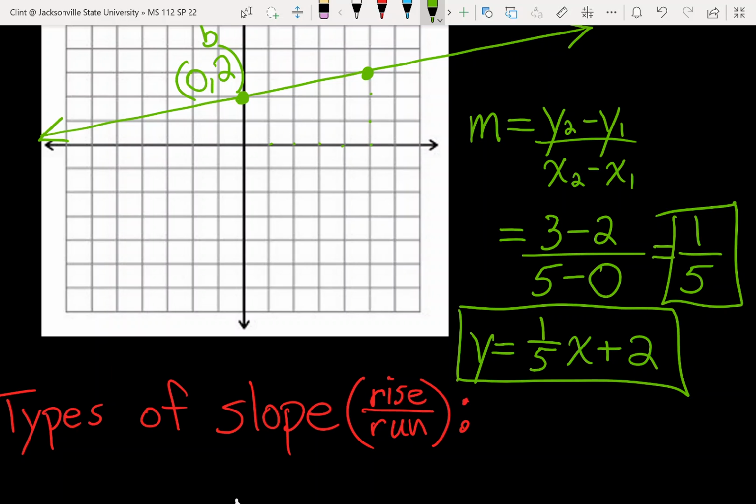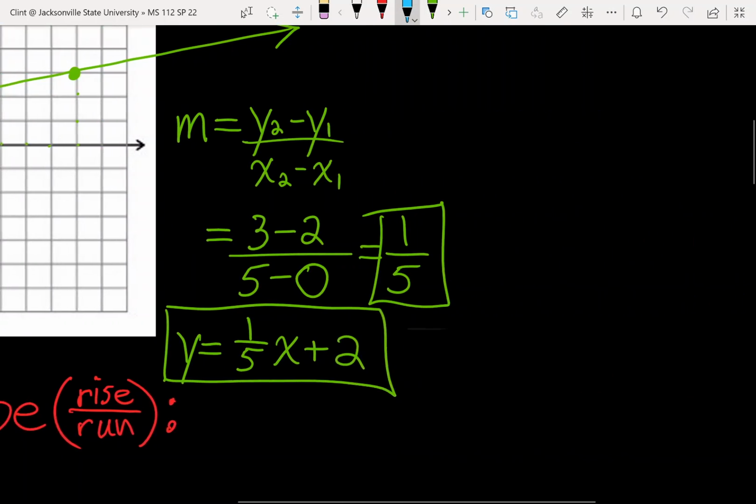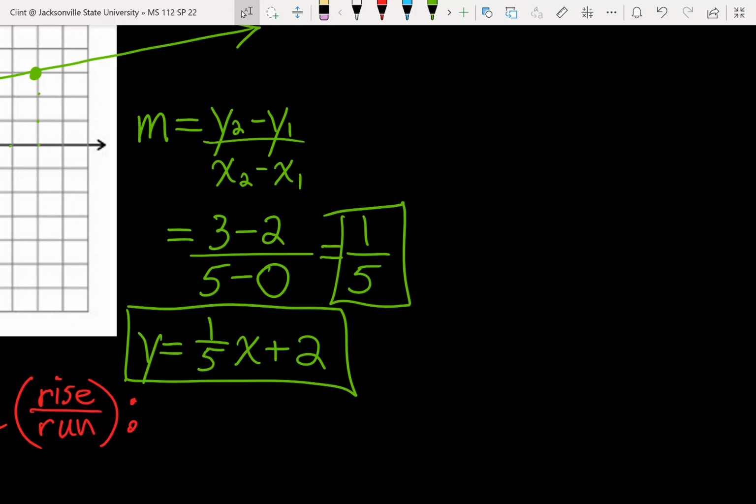Questions on plugging in there? People usually like slope-intercept form because it's pretty nice to work with. Just got 2 numbers to worry about. Okay. What if we needed to go the other way? What if we had an equation in slope-intercept form, and we needed to do the graph?